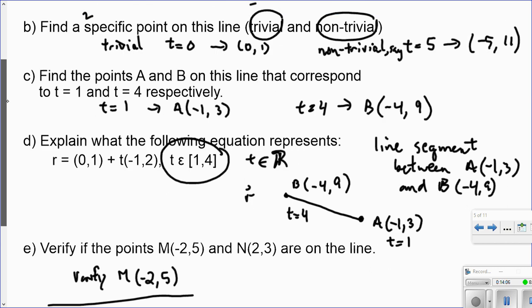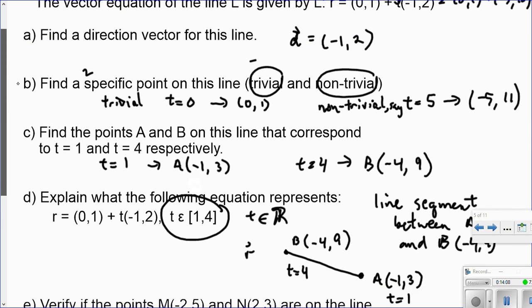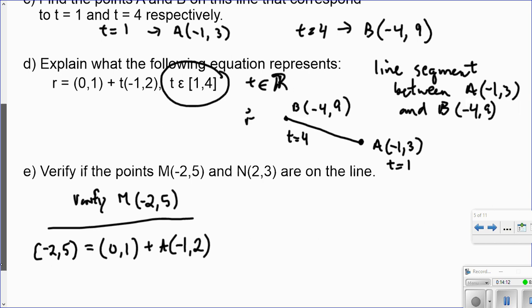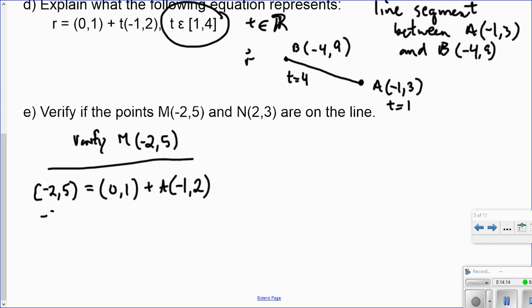I'm just going to check and see. That's my line. Yep. Okay, so now I expand. I can check -2 equals 0 minus t, and I can check 5 equals 1 plus 2t. So I solve for t for both of them, and they should balance.